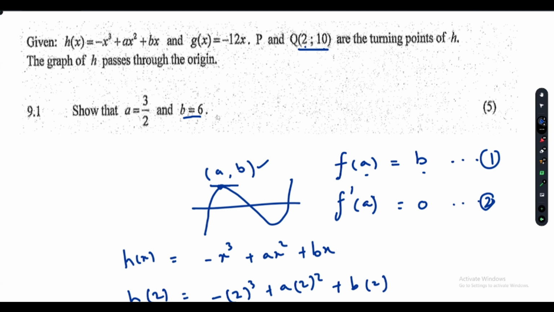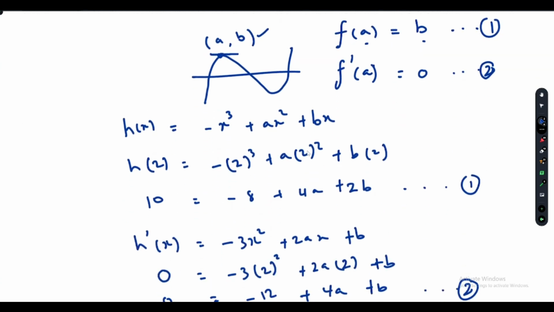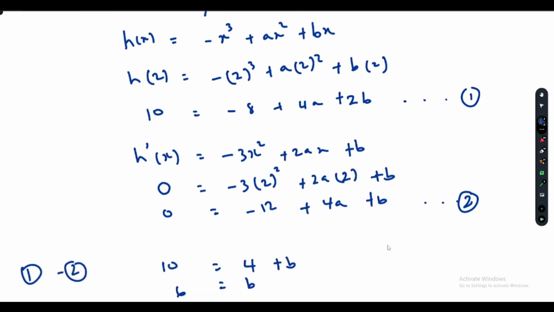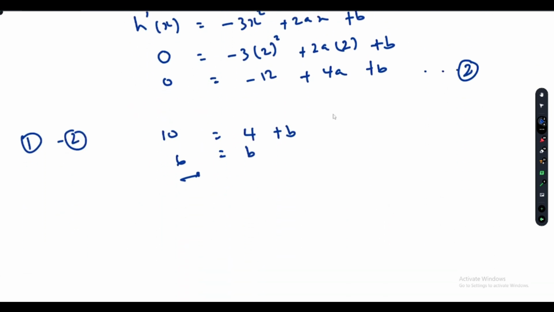Now that we have the value of b, we will take the value of b and substitute it into either equation 1 or equation 2 to solve for a. I'm going to substitute into equation 2, so I will write alongside, sub in 2. So we have 0 is equal to minus 12 plus 4a plus 6.